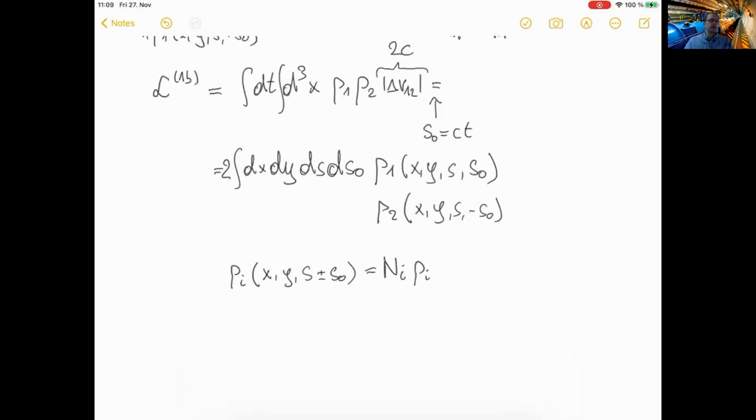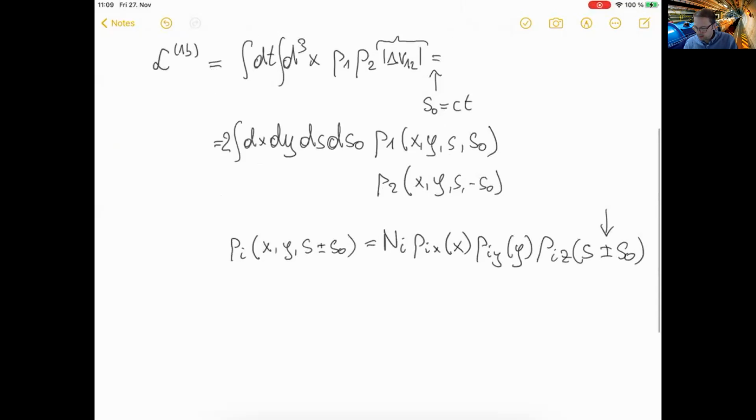So the distribution of the particles inside the bunches follows normal distributions in all three spatial directions. So this is easy to write. First of all, we separate the dependence on the coordinates. So here we have our colliding bunches along the beam direction.